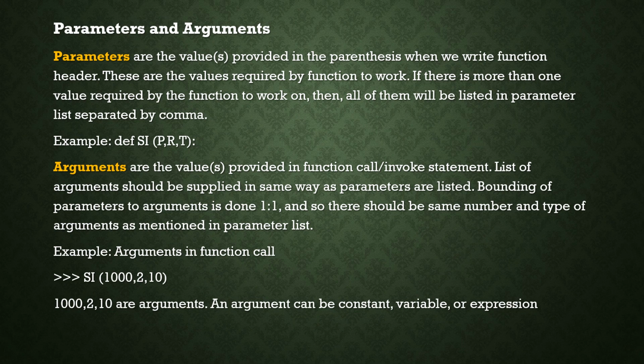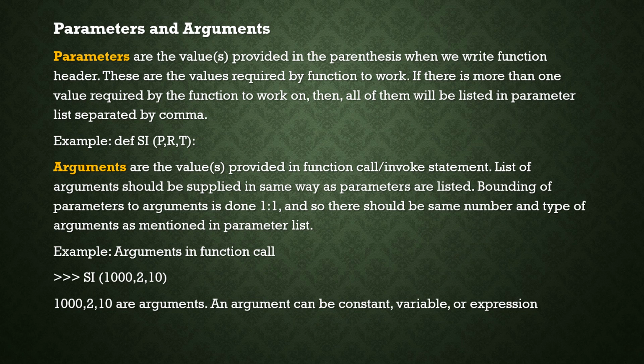It is given that arguments are the values provided in the function call or invoke statement. The list of arguments should be supplied in the same way as parameters are listed. Binding of parameters to arguments is done one to one, so there should be the same number and types of arguments as mentioned in the parameter list.